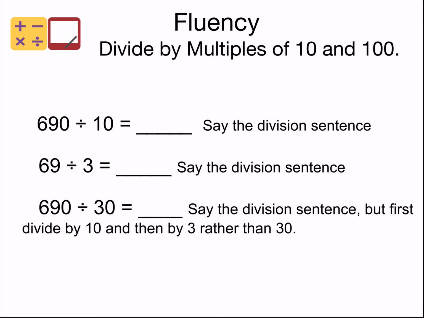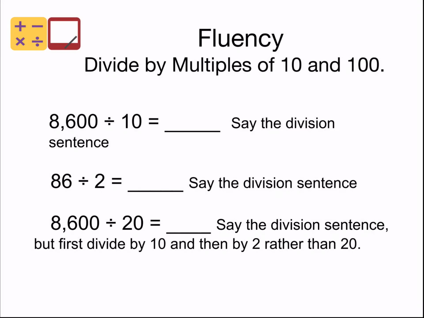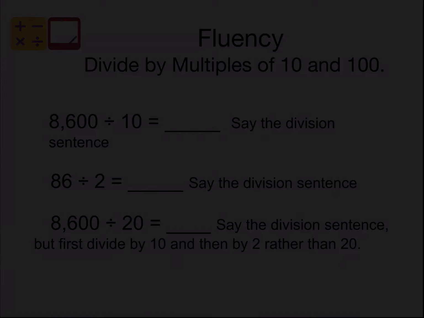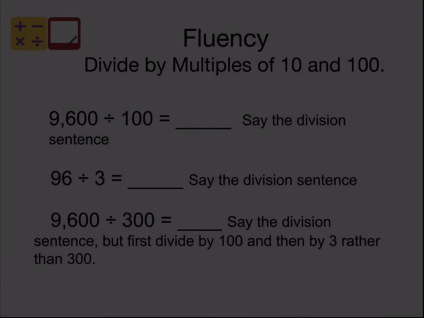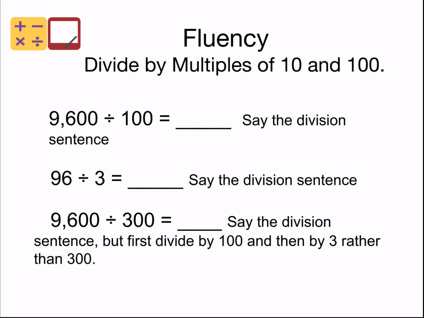Another fluency, you can pause the video to do this. Here's another fluency for you to do. Remember, these are easy, right? 4,800, it's 48 divided by 1, which is 48. The zeros cancel out. Cancel out your zeros, you guys.